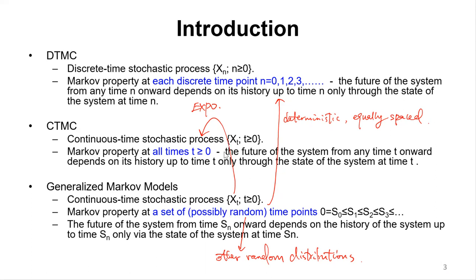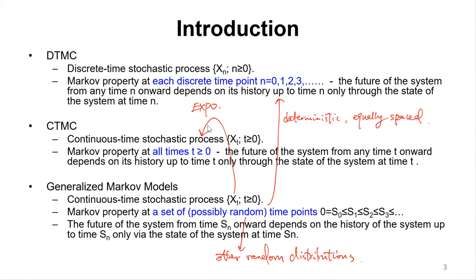In a CTMC, the random distribution is exponential, but in a generalized Markov model, this random distribution can be other distributions, not necessarily exponential. So those time points are S0 equals 0 and less than S1, S2, S3, and so on. The future of the system from time Sn onward depends on the history of the system up to time Sn only through the state of the system at time Sn.